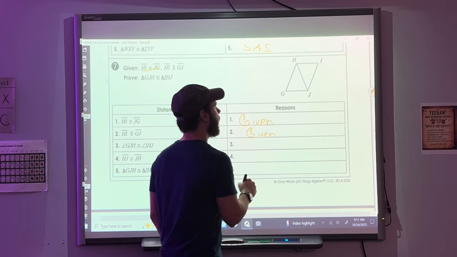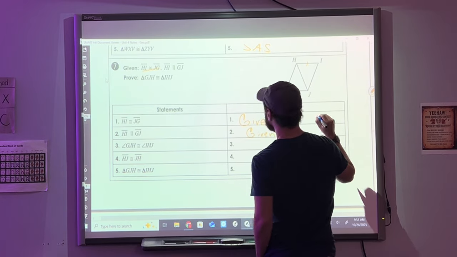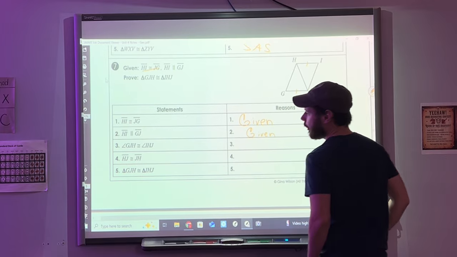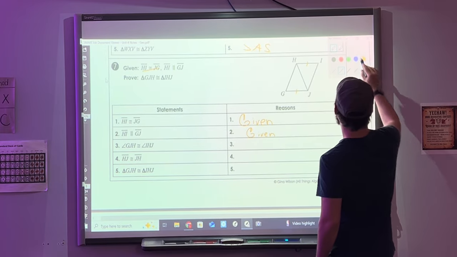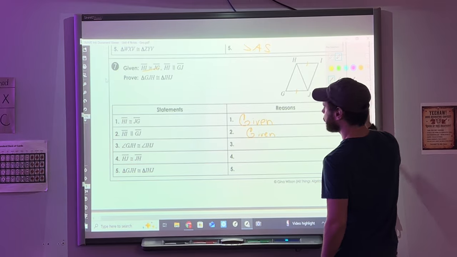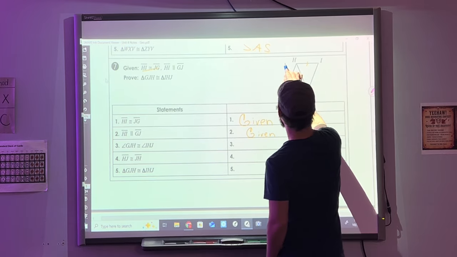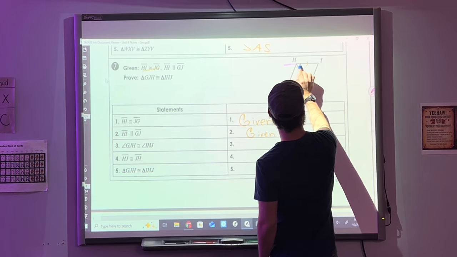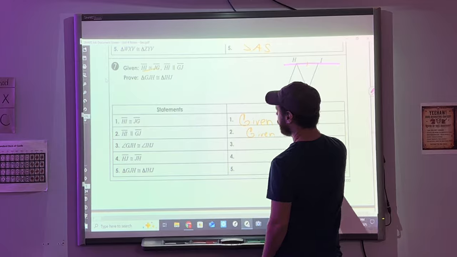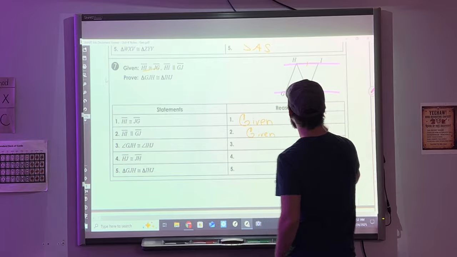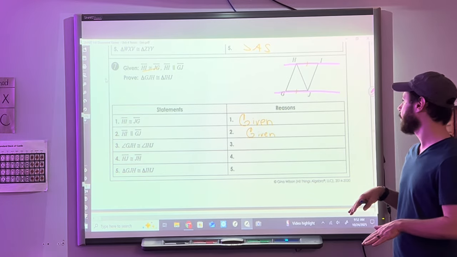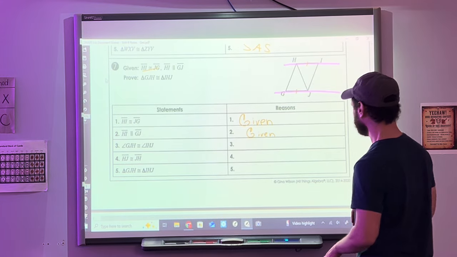All right, label HI. It's congruent to JG, boom. Lines are parallel. Which two lines, though, is the question. HI, this line, really? Okay. It's parallel to this one. So that means those lines are going in the same direction. They're never ever going to touch, ever, ever, ever.